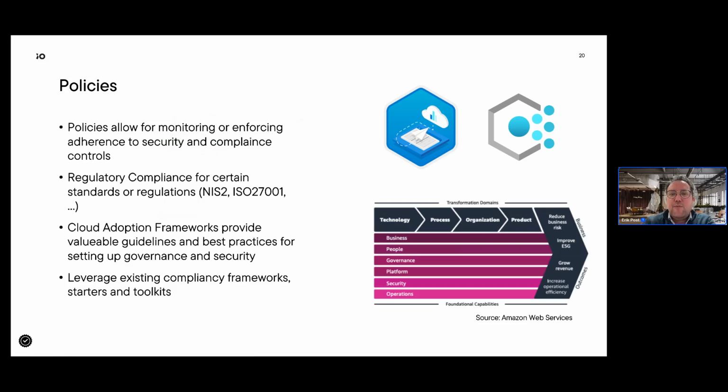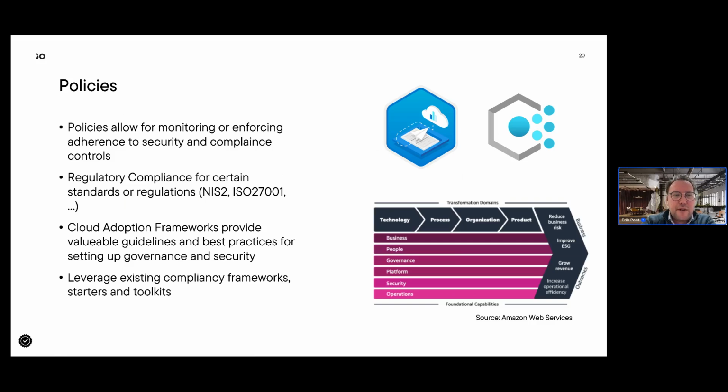And not only can they monitor that, they can give a notification if something is not compliant to those policies, and they can even enforce it. So they can prevent creation of resources that do not conform to the policies, or they can block those resources if they are not compliant. This is a very strong tool to make sure that your cloud usage is done in the right way.